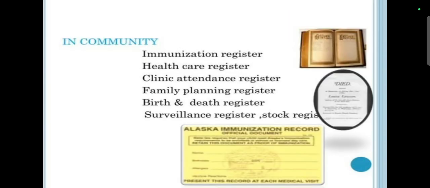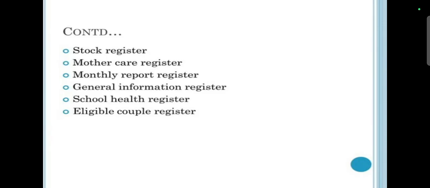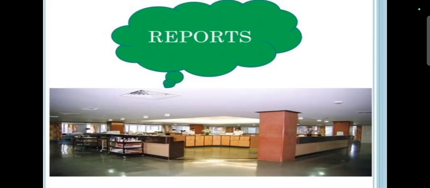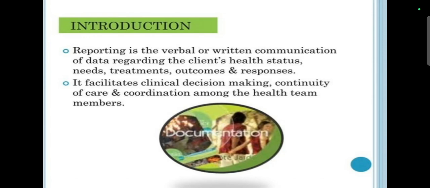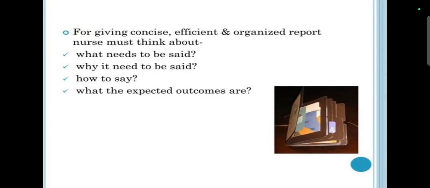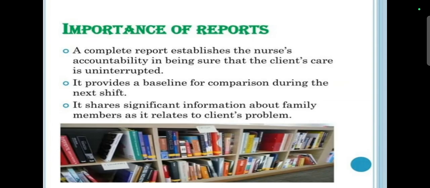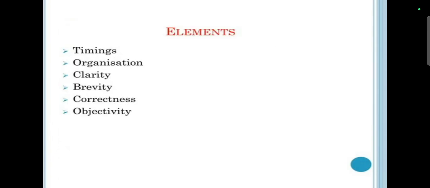For community purposes there are a lot of things to maintain: mother care register, monthly report register, general information register, school health register, and eligible couple register. All these separate areas should be in front of the office, and you can see the importance of this.